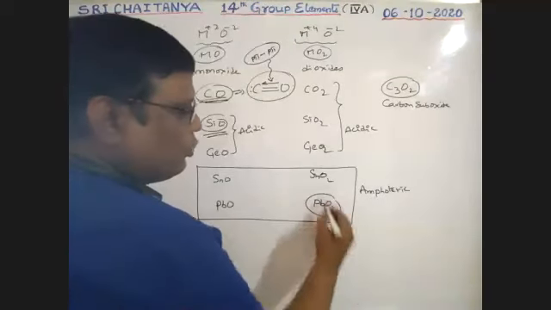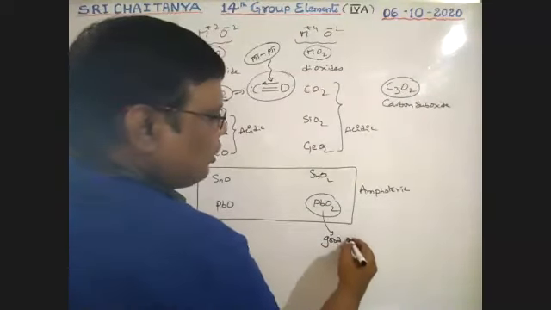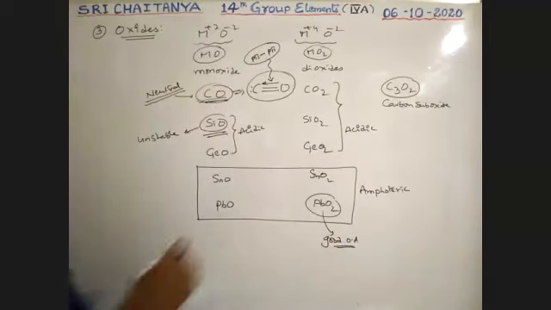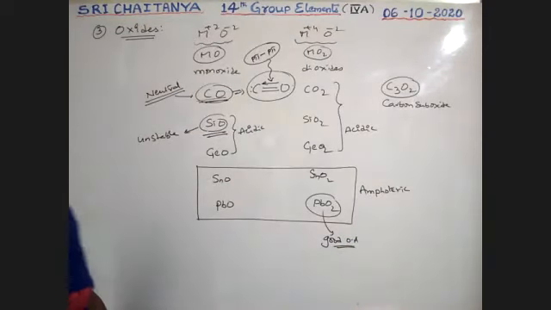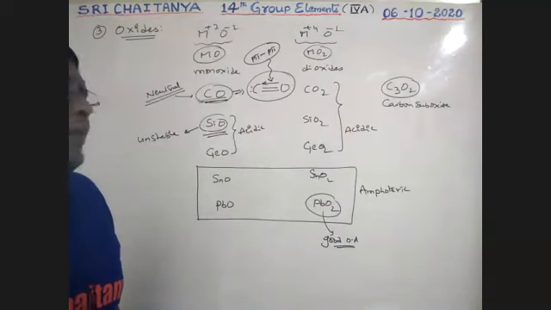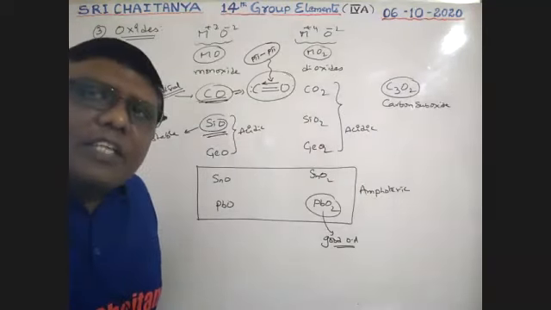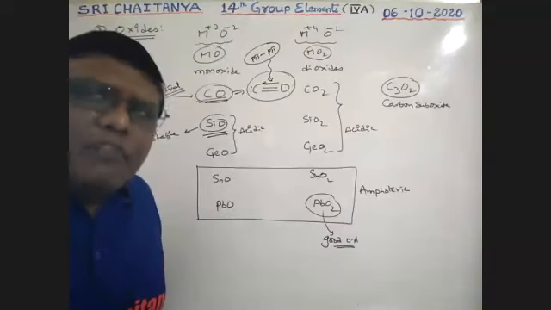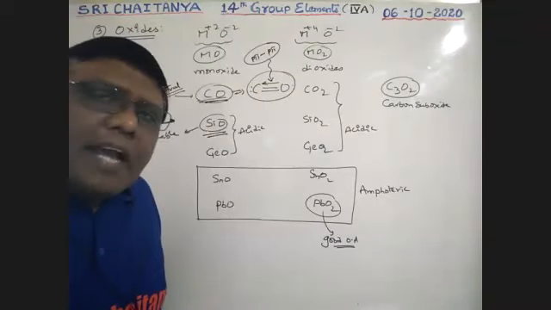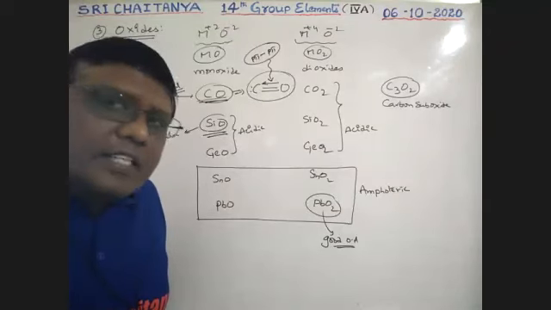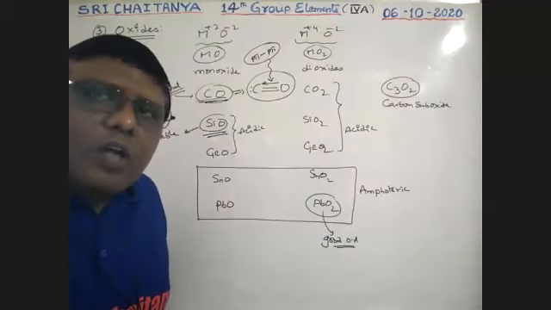Therefore, PbO2 acts as a good oxidizing agent because Pb is in the +4 state, which is very unstable. That's why it easily converts into the stable +2 state. It itself is reduced and acts as an oxidizing agent.